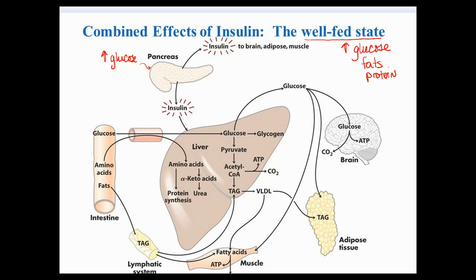Okay, now insulin, let's start. It's going to bind to the liver, and in the liver, it's going to promote glucose to glycogen. So in other words, I think I just said it earlier, that once inside the cell, it has to go somewhere. So one, glycogen it gets stored.